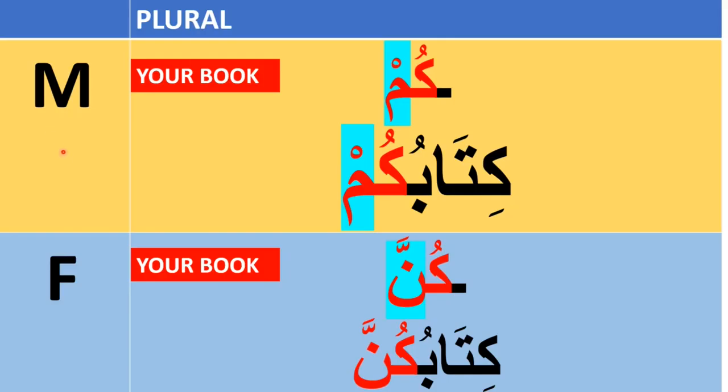In English, the second person possessive pronoun is your book. Your does not depend of the gender or the number of the owner of the book. The plural possessive pronoun your in Arabic is a suffix that is attached at the end of the noun.